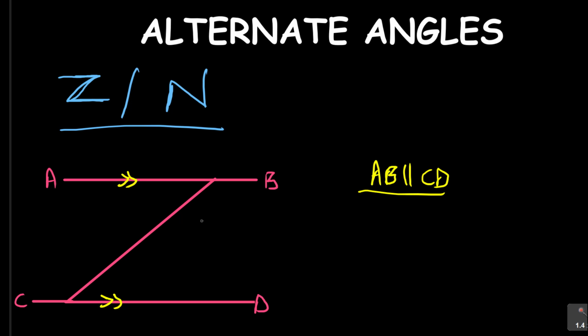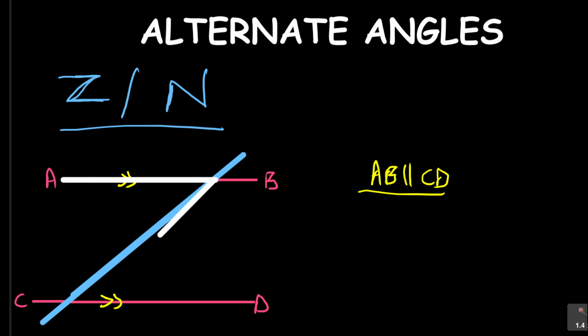If that is the case, then you can come up with an alternate angle, provided there is a line which is cutting across. It can be a long line like this. Doesn't matter, it can extend, but you can see your Z shape. If I draw my Z shape here, it will look like this. This is my Z from there to there and to there.